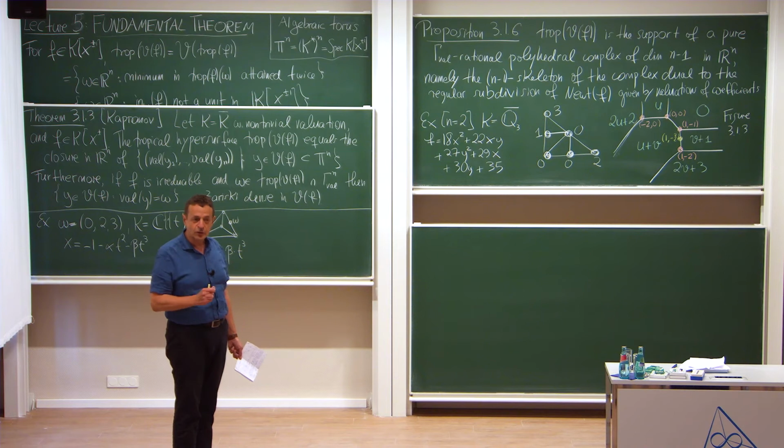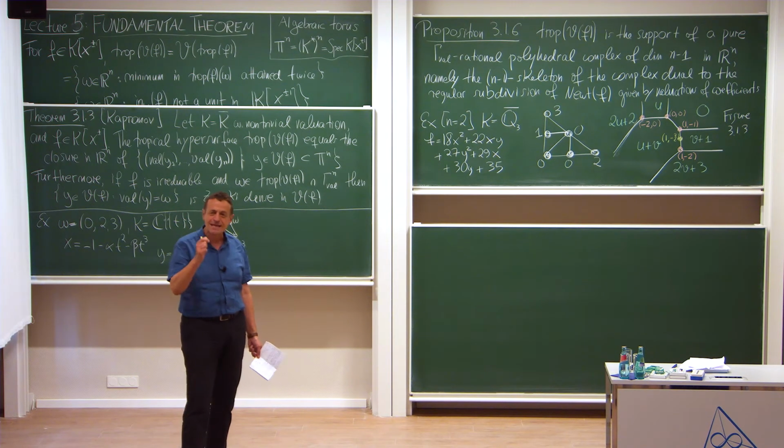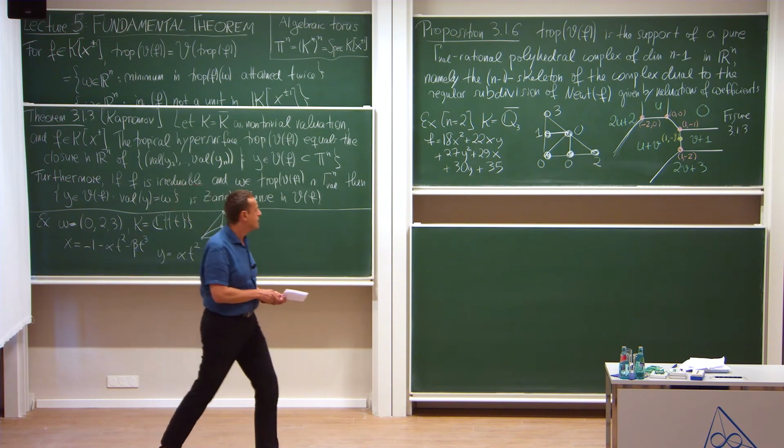But not only is there one such point on our classical conic, there are many, many, many points. It is Zariski dense in the classical conic.